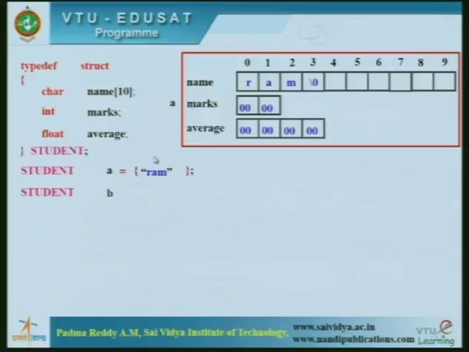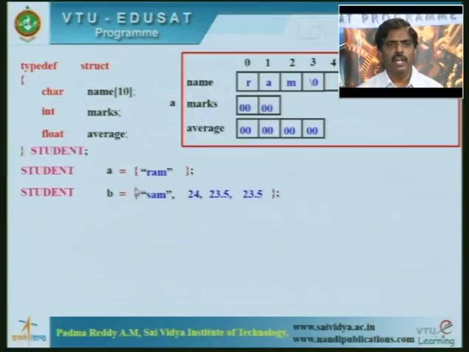Now, if you look at another one, suppose I write student B is equal to Sam, 24, 23.5 and another 23.5 and end with semicolon. Now, if you observe, how many initial values are there? 4 initial values are there, and here how many members are there? Only 3 members are there. It is not possible.